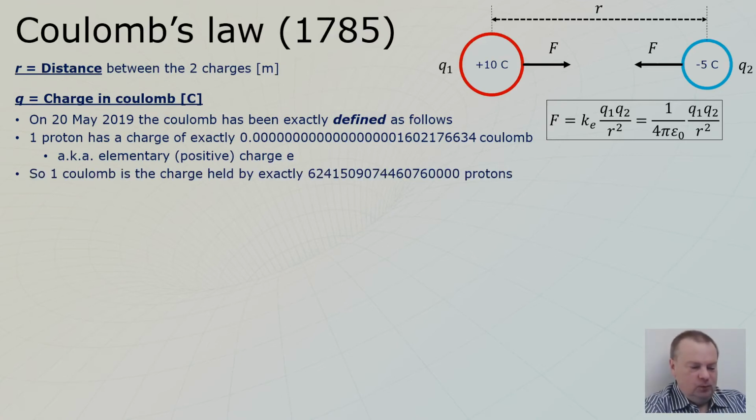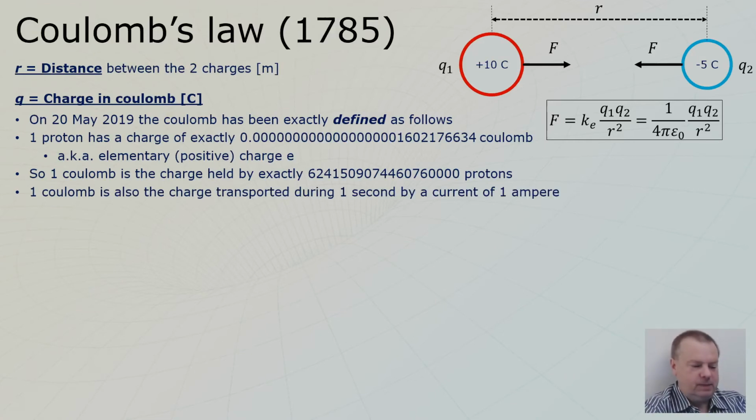So if you want to have a particle with a charge of 1 Coulomb, you need a whole lot of protons. I'm not going to repeat the number here, but here you see the number of protons you would need in a single particle to get a charge of 1 Coulomb. And there it is. But this makes a little bit more sense.